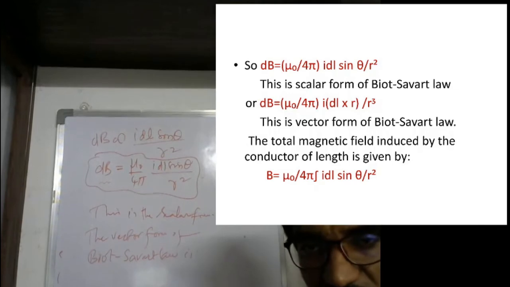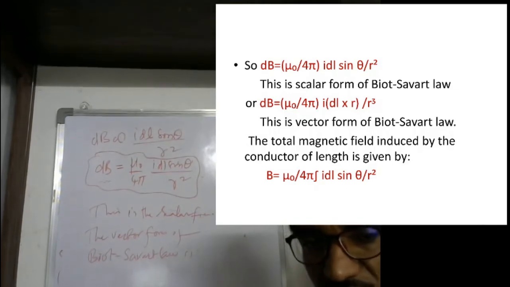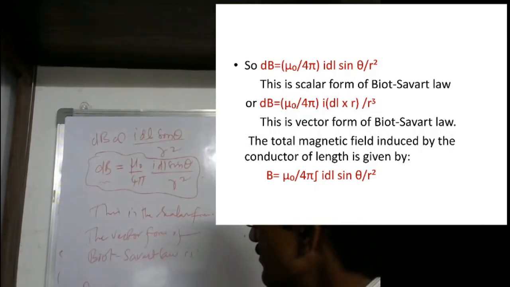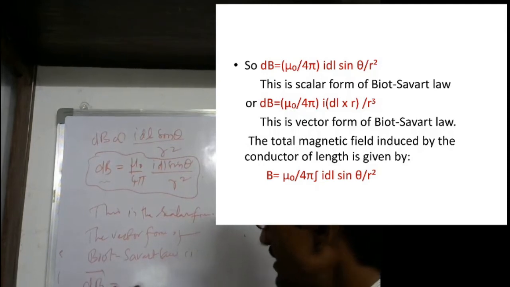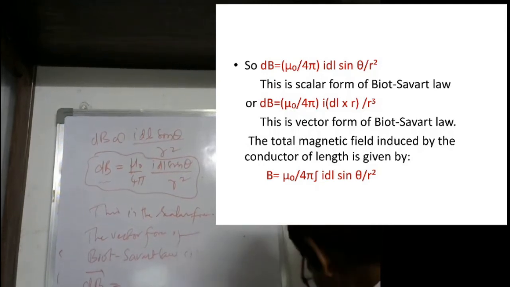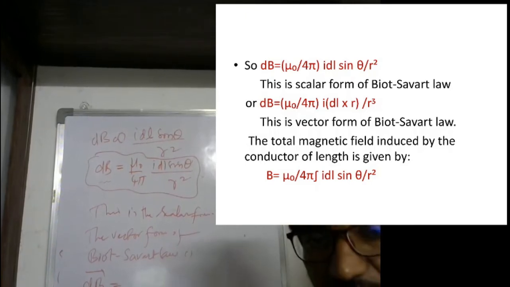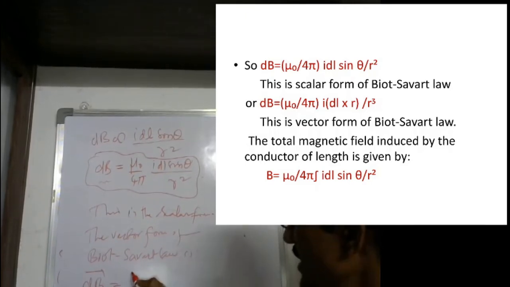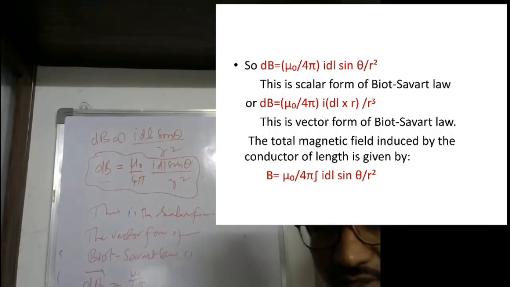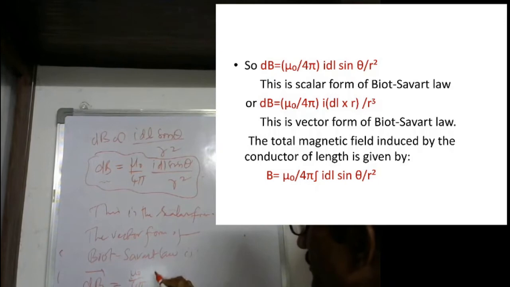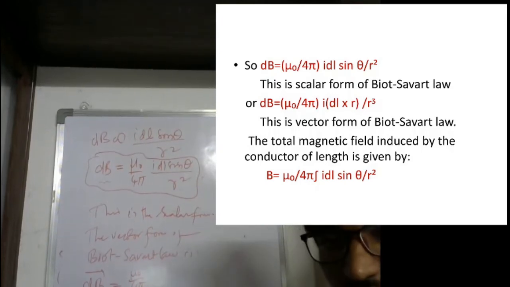You can see that on the slide. Okay, how to convert this into the vector form? Vector dB is equal to, okay, vector dB is equal to mu naught by 4 pi.